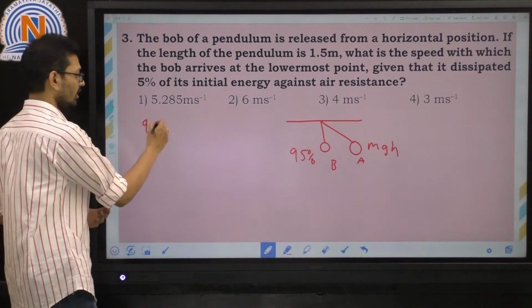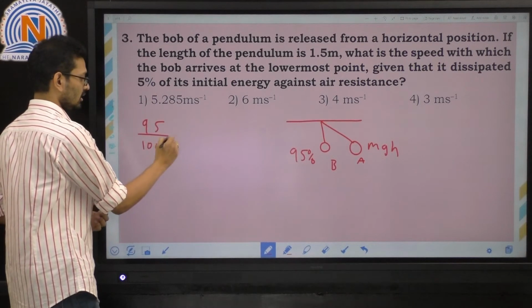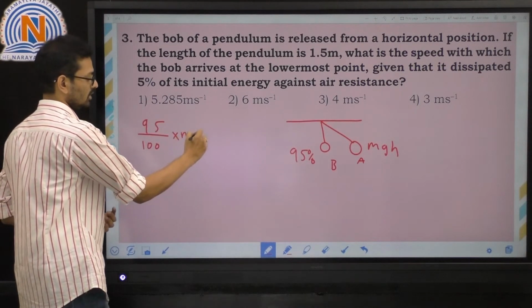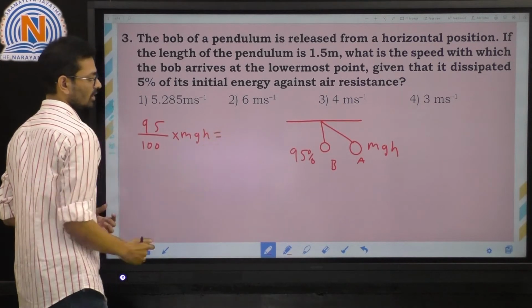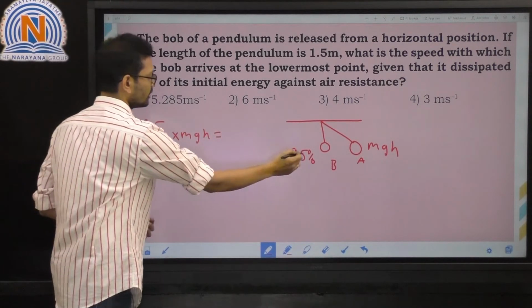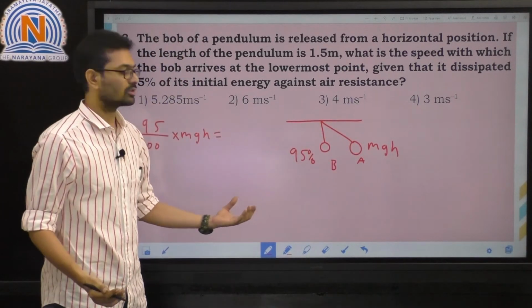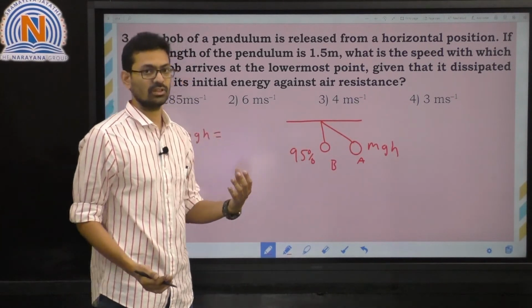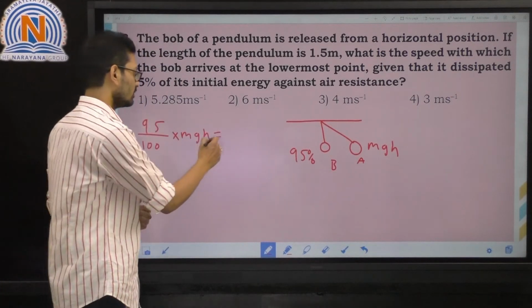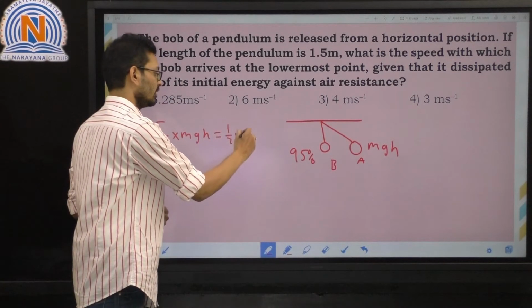So 95 by 100 into mgh is going to be equal to half mv square, because the potential energy, when it comes to point B, is going to get converted into kinetic energy. So we will take it as half mv square.